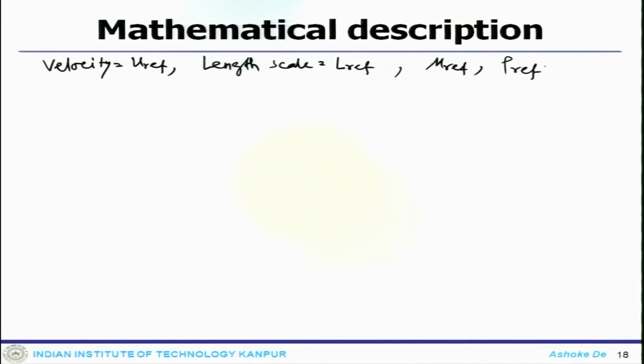Now, one is scaling of velocity, another is scaling of pressure. So, once you do the scaling, we use them in the equation system.